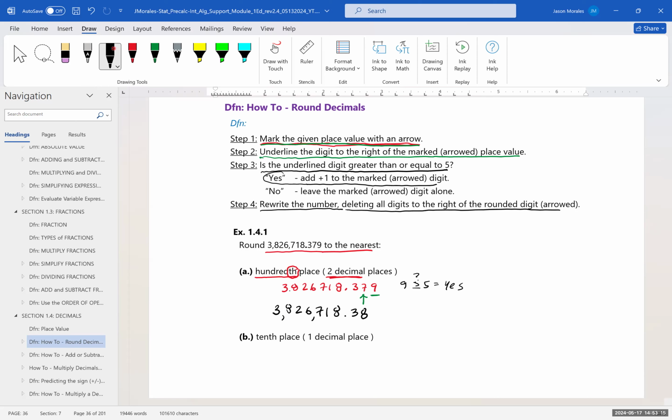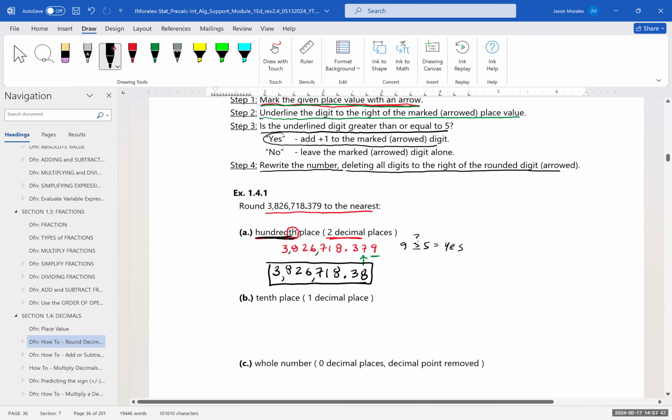So 3,826,718 and 379 thousandths when rounded to the hundredth place is 3,826,718 and 38 hundredths. So that is now that number rounded to the hundredth place.